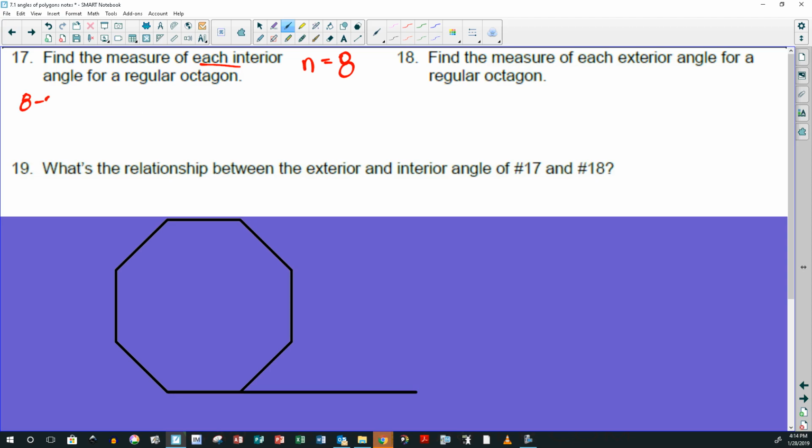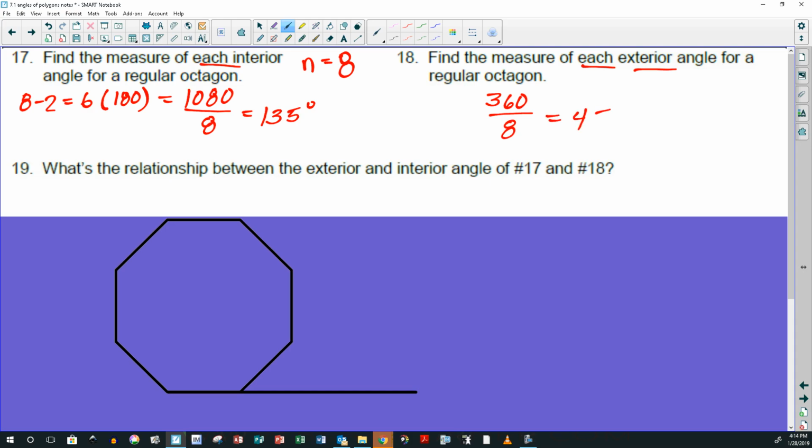So 8 minus 2 times 180. My total is 1,080, and I would need to divide by 8. That gives me 135. Here, to find each exterior, the total is 360 divided by 8, which is 45.